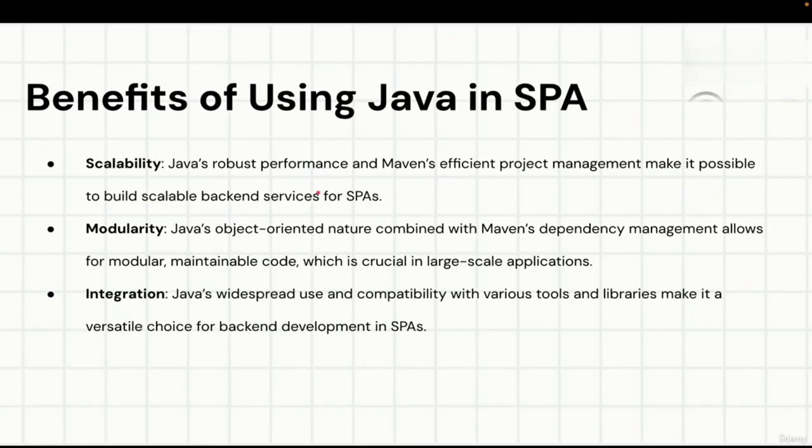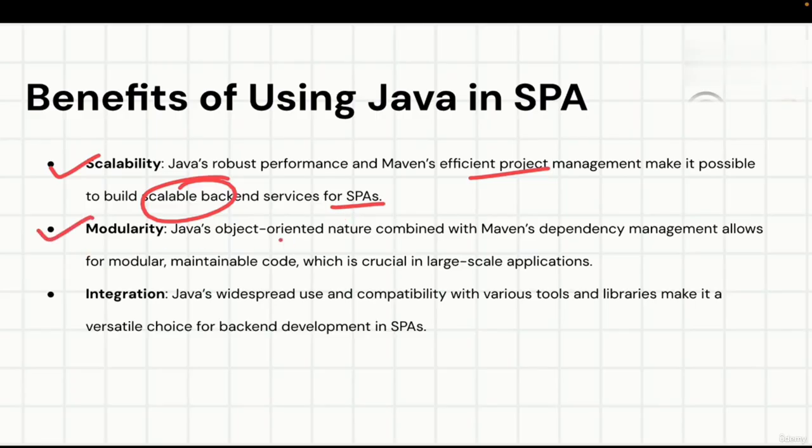Now let's understand the benefits of using Java in SPAs. The main one is scalability. It's highly used for large-scale work like enterprises because of the robust performance, and efficient project management makes it possible to scale backend services for SPAs. That's why Java is most widely used in each and every kind of application.